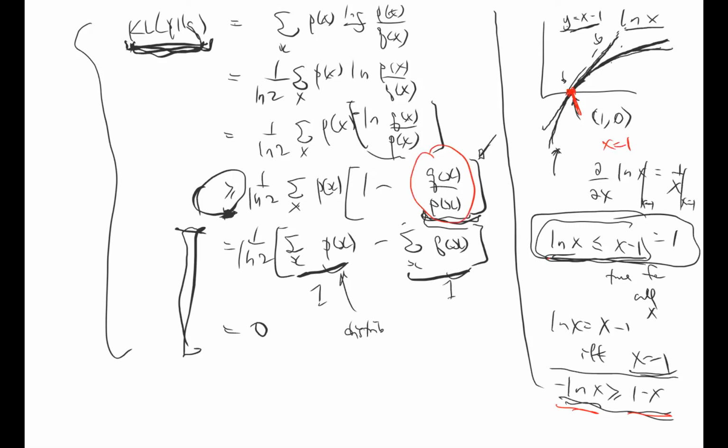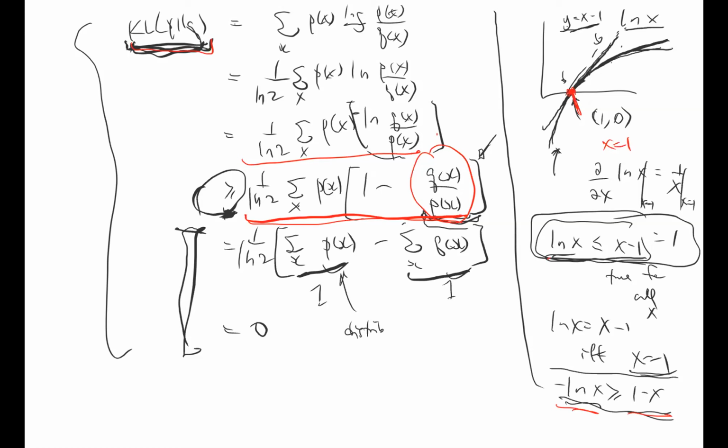So the KL-divergence of P and Q is equal to 0 only when qx is equal to px.